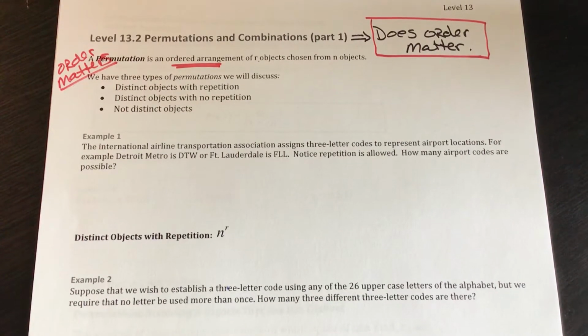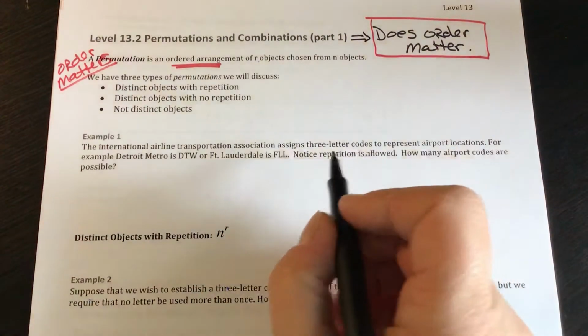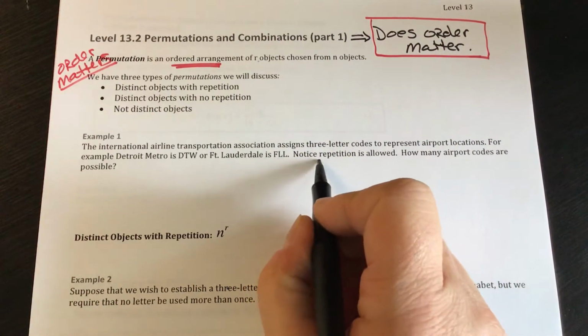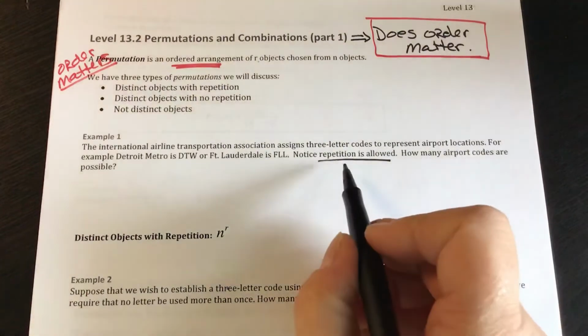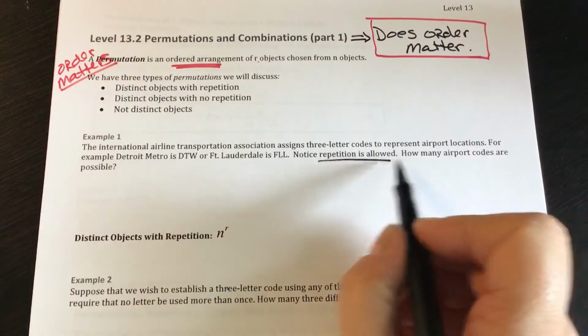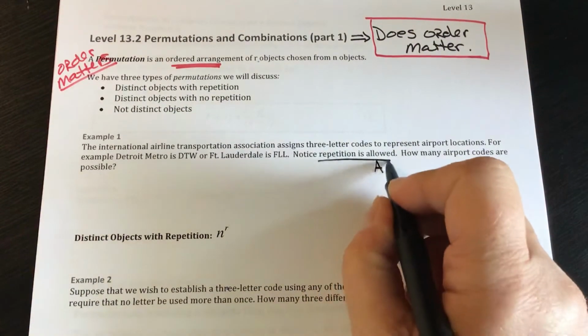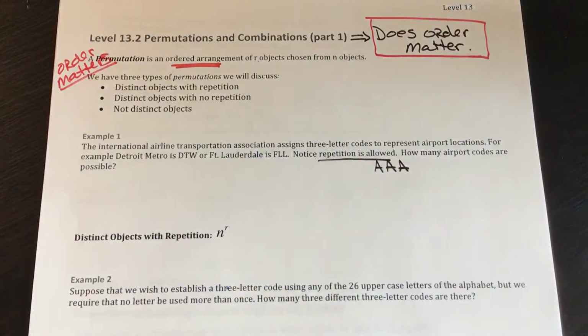I know Orlando is MCO. So each airport has its own 3-letter code. If repetition is allowed, we can repeat the letters. That means we can have an AAA if we want. How many airport codes are possible?